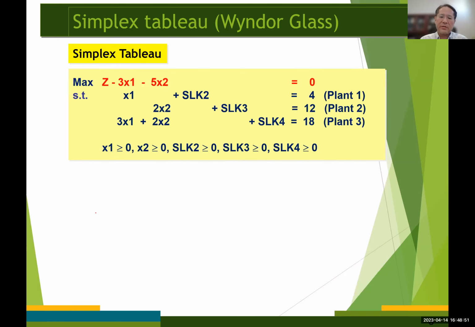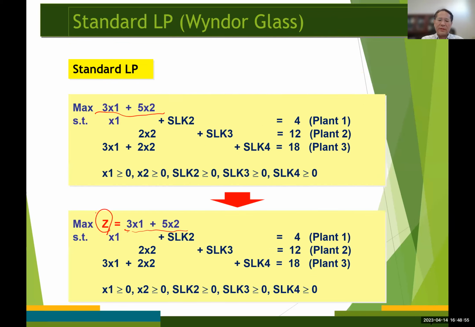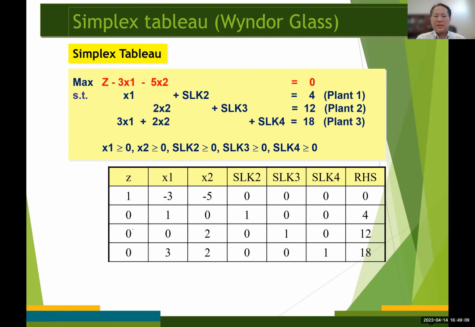Oh, okay. So here, what I did is just move 3x1 plus 5x2 to the left-hand side. Okay, so it's going to be G minus 3x1 minus 5x2 equals 0, like this. Okay.